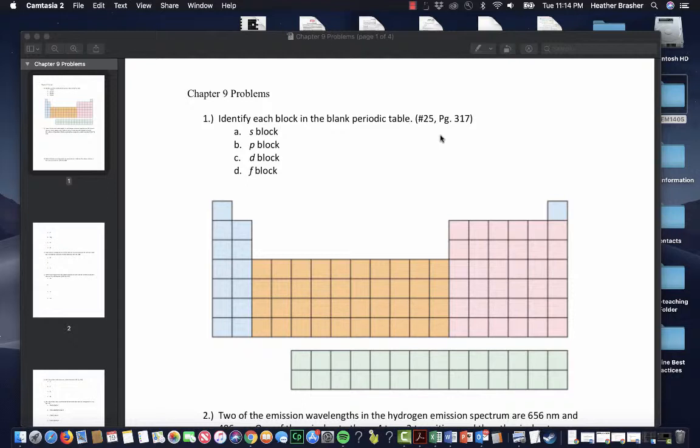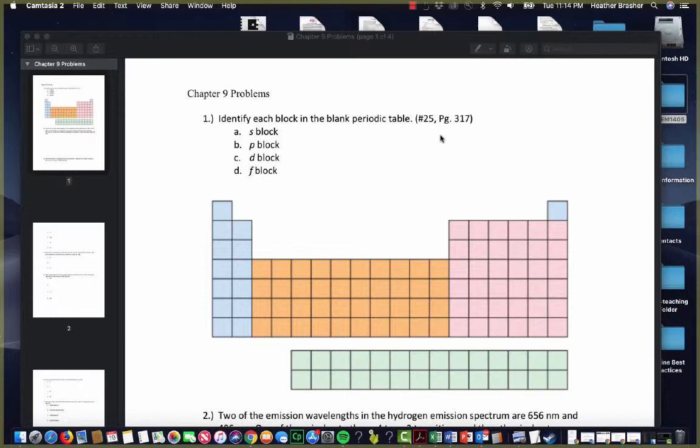So let's start with this, and we talked about this a little bit when we were in lab. We want to identify the different blocks. The one that I'm putting the black around right now is the S block. The P block is right over here.